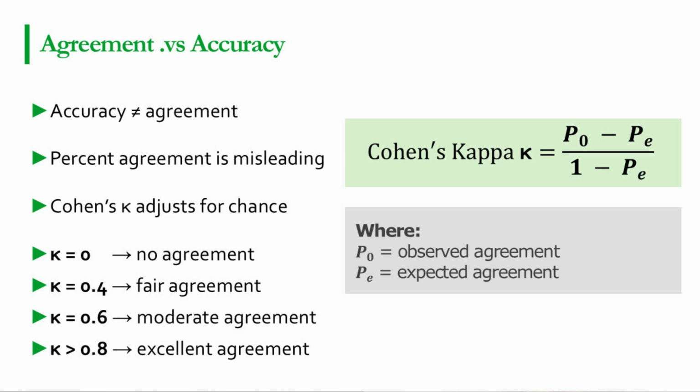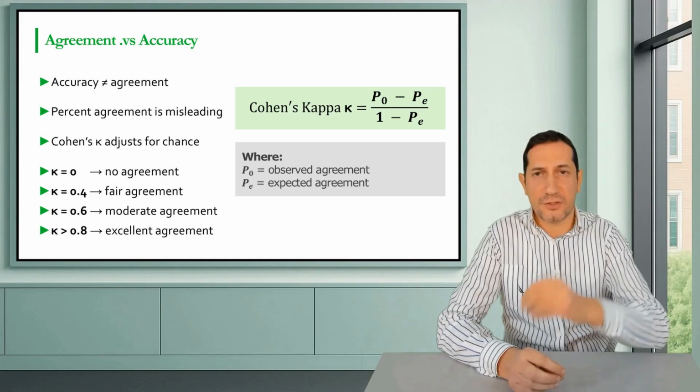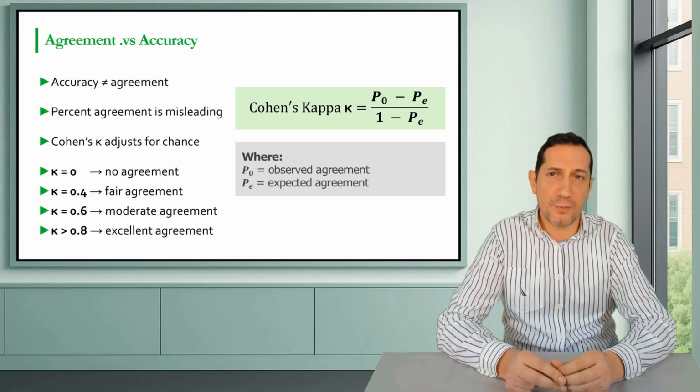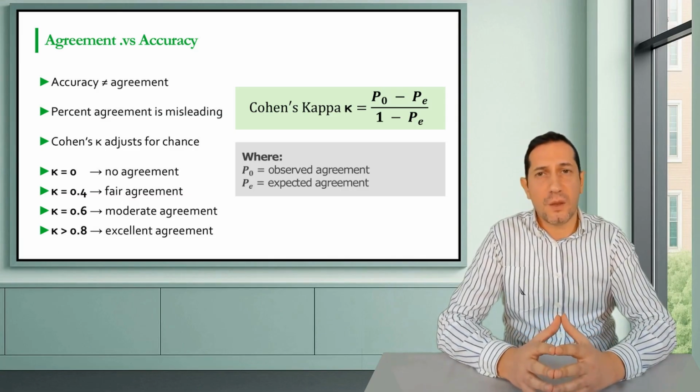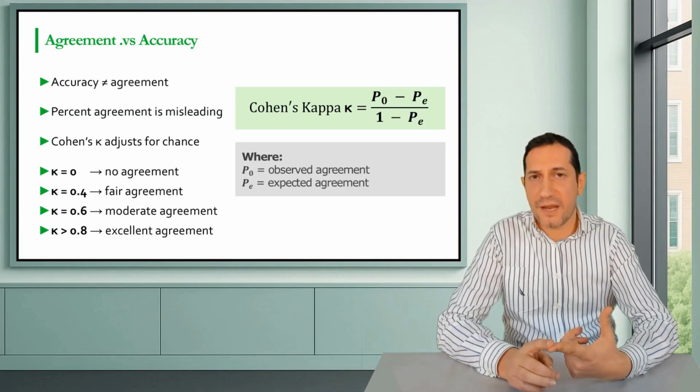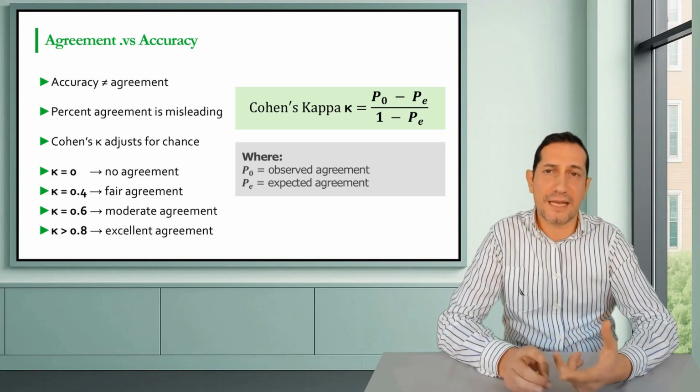This correction provides a more informative measure of concordance, especially when prevalence is skewed. However, kappa does not measure diagnostic accuracy and should not be interpreted as such. Agreement metrics are most useful when assessing interchangeability of tests or observer reliability rather than their ability to correctly identify disease.